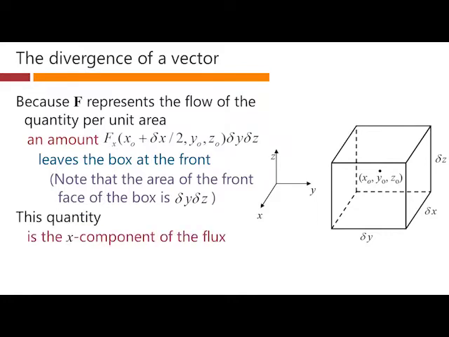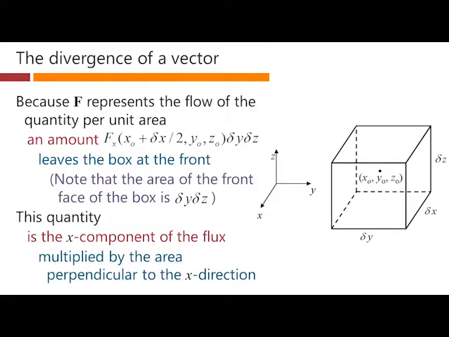So that's the amount that leaves the box at the front. This quantity is therefore the x component of the flux multiplied by the area of the front of the box, the area perpendicular to the x direction.